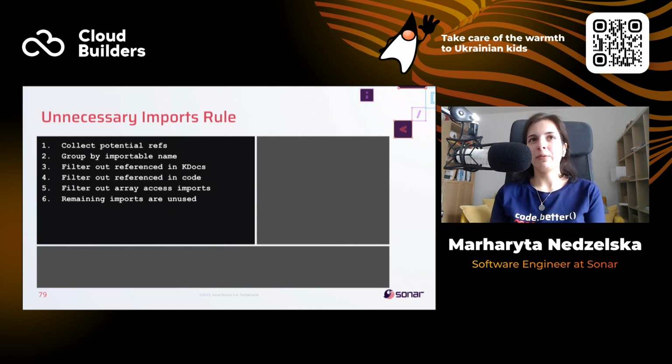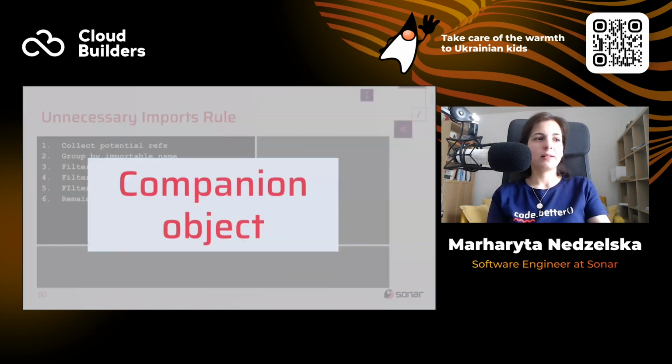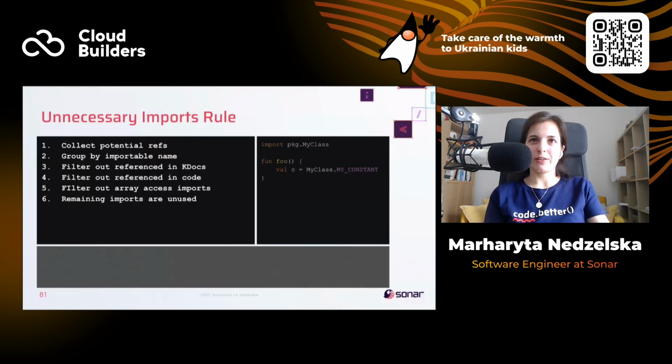Firstly, you collect all potential references in your code, and then you filter out everything that is referenced in KDoc, filter out references in code, array access imports, and all the remaining imports are considered as unused. Looks smart. And then we forgot about one tiny thing like companion object.